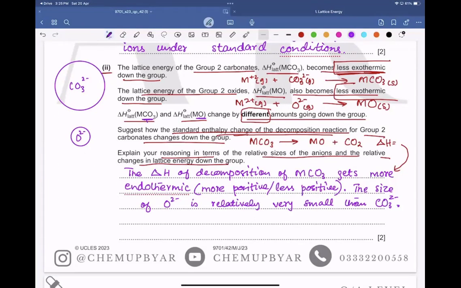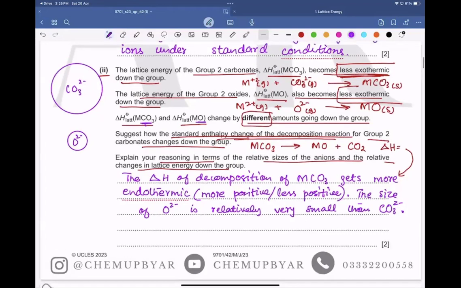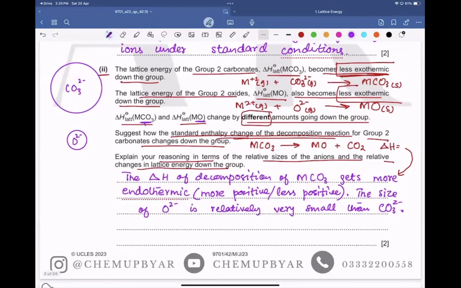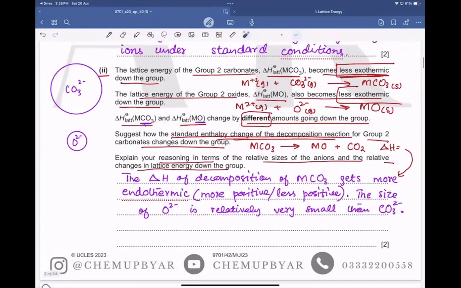Now, try to think. This is the statement that the lattice energy of metal carbonate and the lattice energy of metal oxide change by different amounts. So see here, this is a very small size. If the size of magnesium, for example, and after magnesium we have calcium, a bigger size.